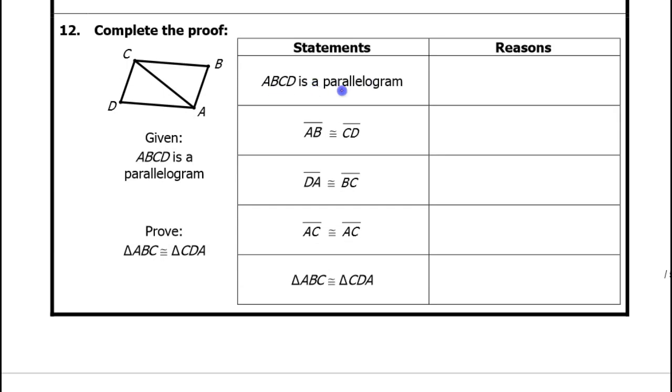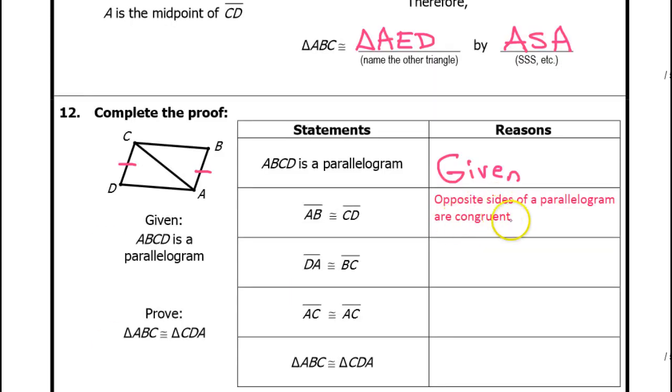Okay, ABCD is a parallelogram, that's given. Now, segment AB is congruent to segment CD. That's because opposite sides of a parallelogram are congruent.